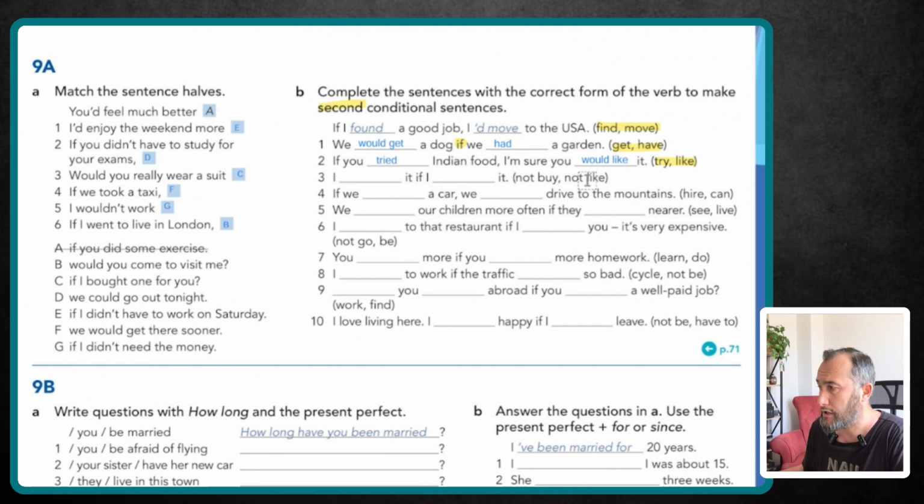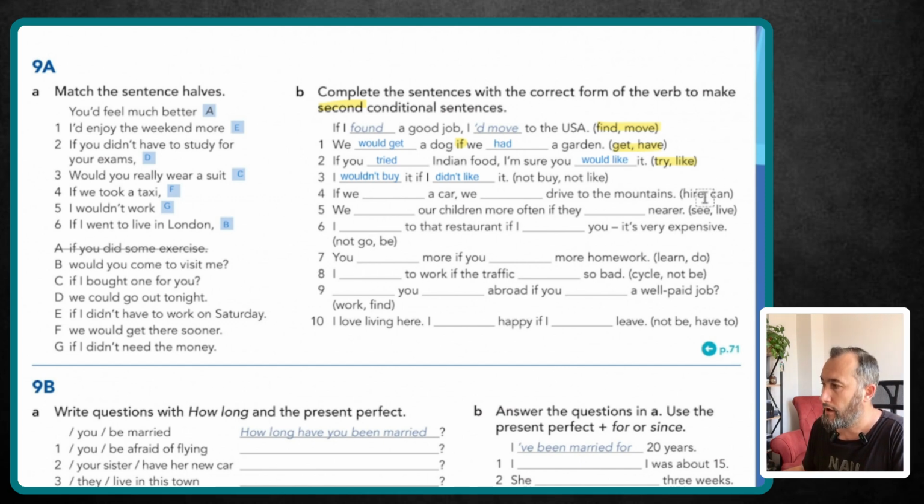So not like, we're going to use in past simple. So if I didn't like it. And the first part is the main part. So we're going to use would or wouldn't, negative, not buy. So wouldn't buy. I wouldn't buy it if I didn't like it.